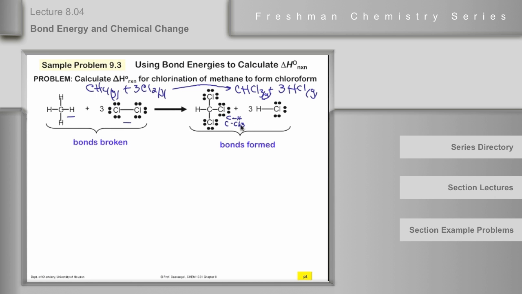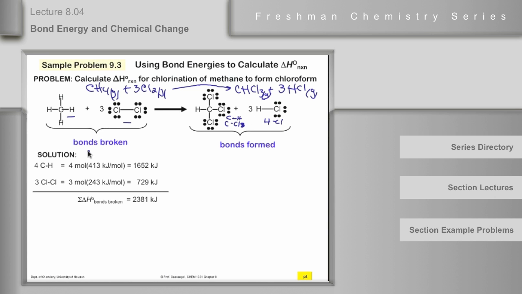Okay, and over here, the HCl bond energies. And then make a table. And here is the table for the reactants whose bonds are going to be broken. It's 413 kilojoules per mole, which is what should have gone in right here. And there are 4 such bonds.